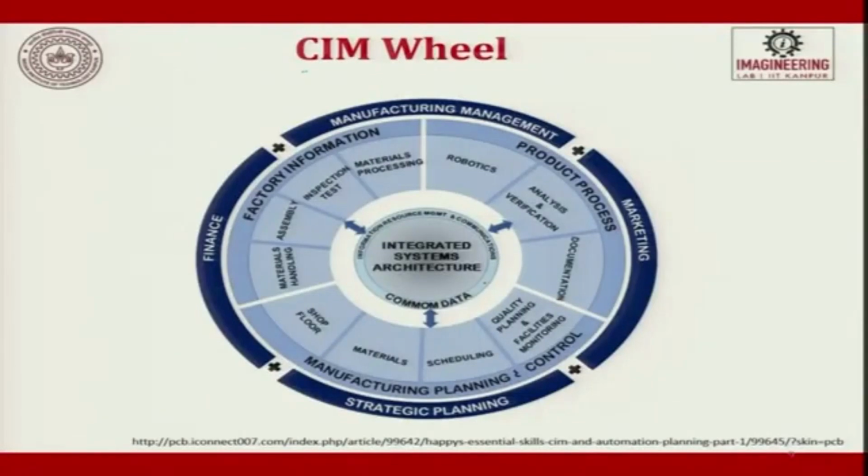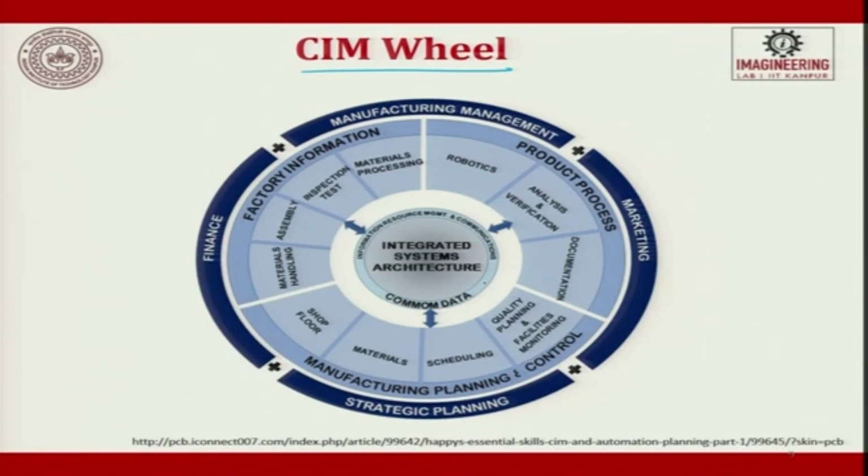This is a CIM wheel. In a CIM wheel you see manufacturing management plus marketing plus strategic planning and finance. Though you might see that all these people do not touch the part being manufactured, they all play a very, very important role in the CIMS field: manufacturing management, marketing, strategic planning and finance.